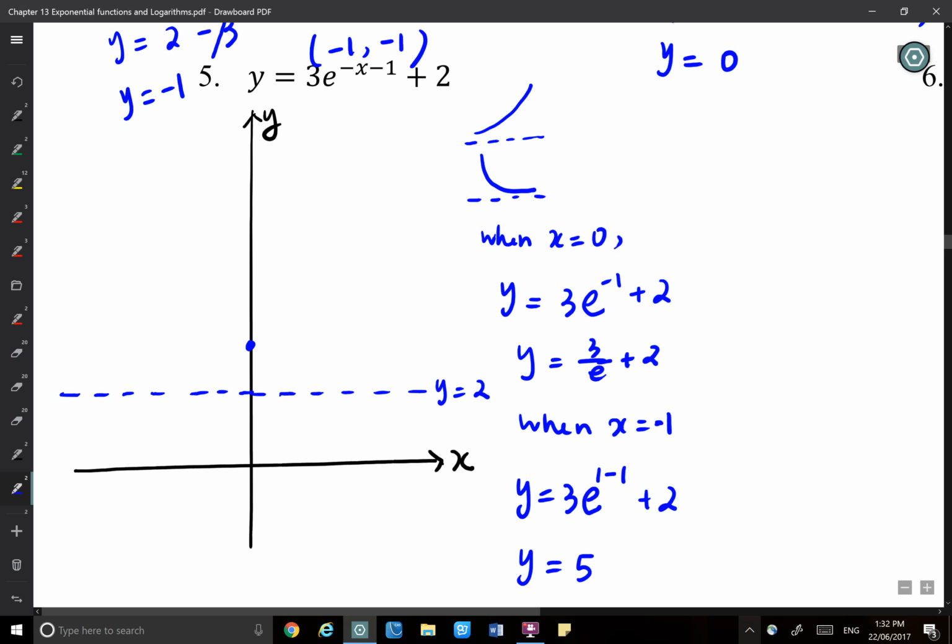So (-1, 5). Okay, the graph will be like this. That is (-1, 5). That is (0, 3 over e plus 2).